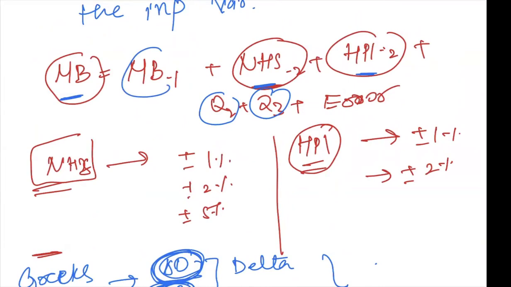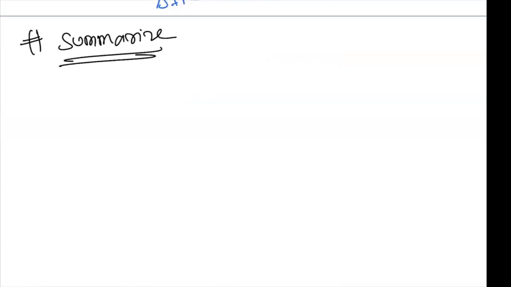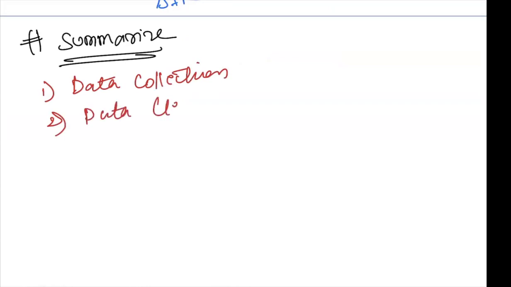So this was the complete life cycle of building a model. I'll just summarize it so that it's easy for you. The first step is data collection, collecting the data from the business stakeholders. Then data cleaning, making sure you have clean data.